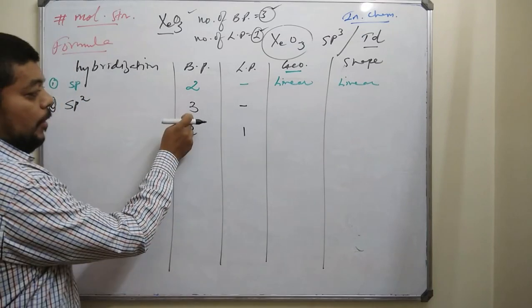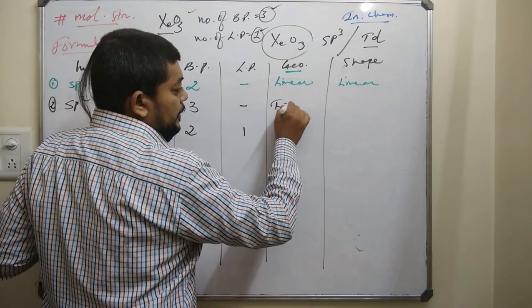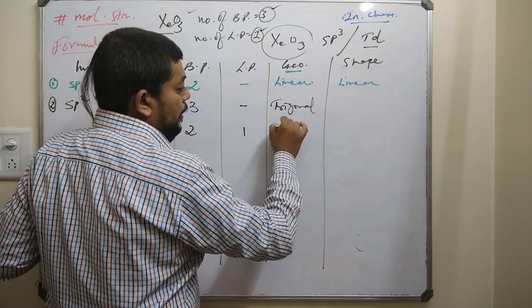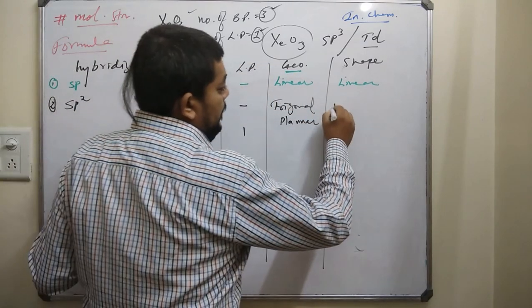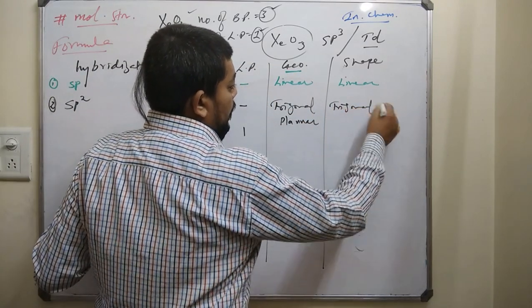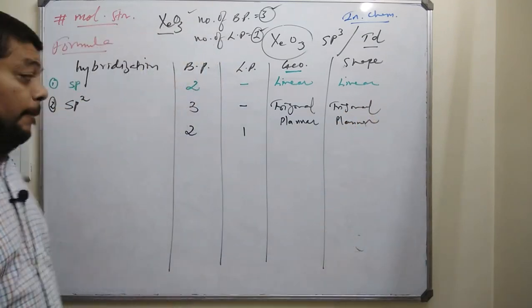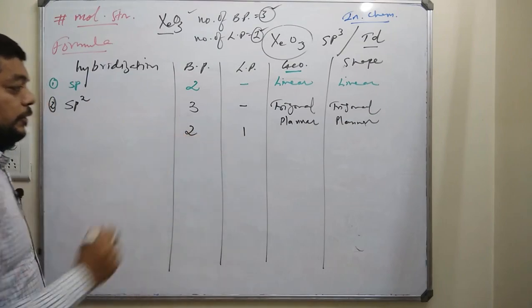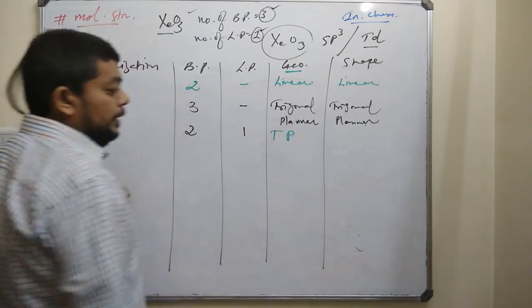So when you have 3 bond pairs and no lone pairs, it is trigonal planar, and the shape will also be trigonal planar. But when it is the combination of 2 and 1, definitely your geometry has to be trigonal planar.